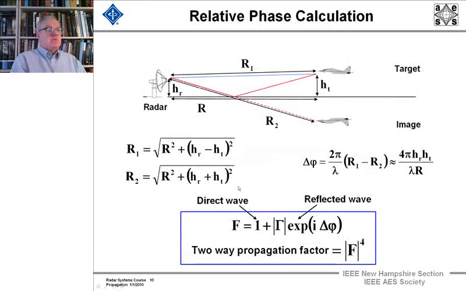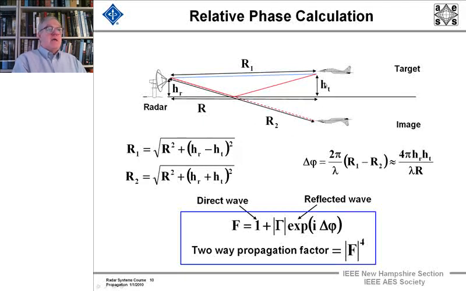Now here's the algebra that shows you how we get this factor F. Here we have R1, which is the distance between the radar and the target, which is just the square root of R squared, the distance to them, plus the difference in heights, quantity squared.